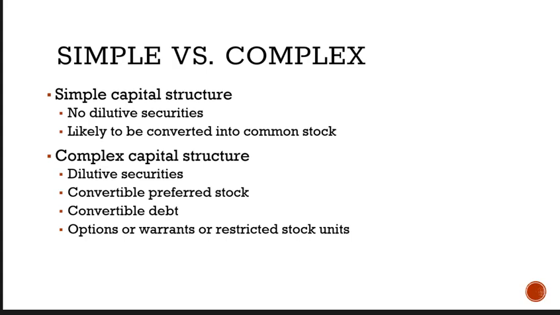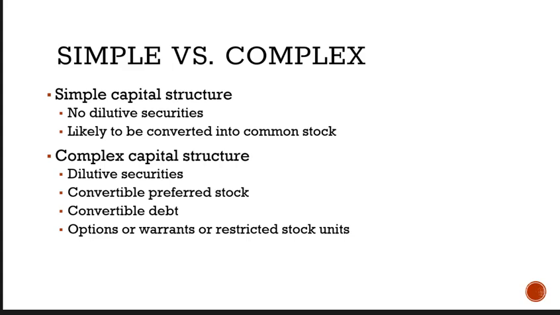Simple versus complex. When calculating earnings per share, you're looking at two situations. Simple capital structure: you have what's called no dilutive securities. Nothing that's going to add to the number of shares outstanding, nothing likely to convert into common stock. So a simple capital structure means you have nothing that could end up with more shares being issued.